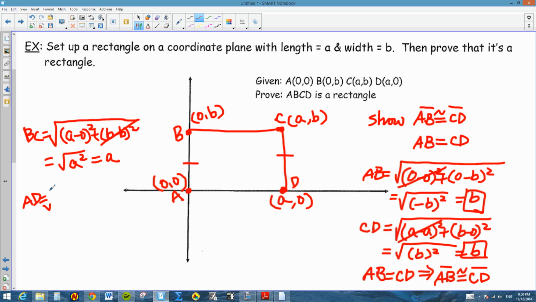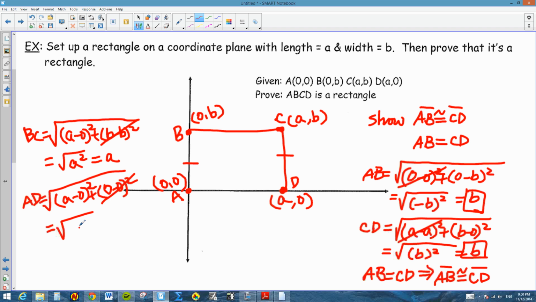Then we have to find AD. AD uses the distance formula with A and D. So you have A minus 0 squared plus 0 minus 0 squared. That gives me A squared, and the other part is 0.